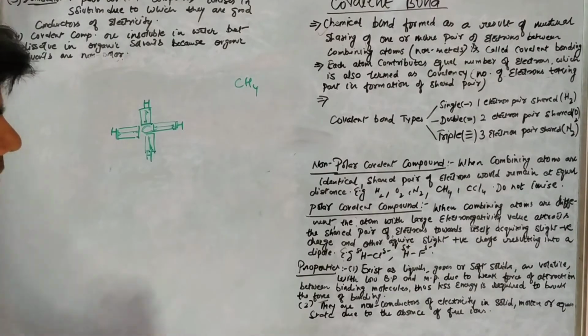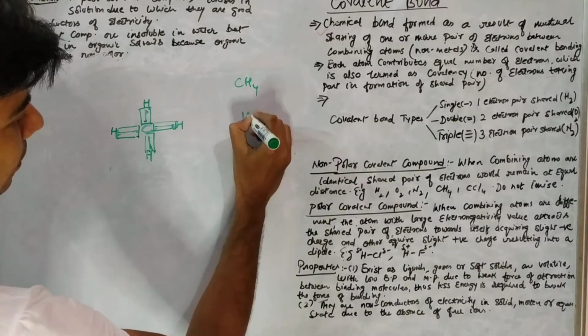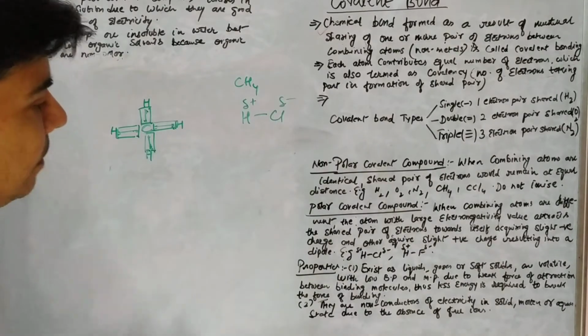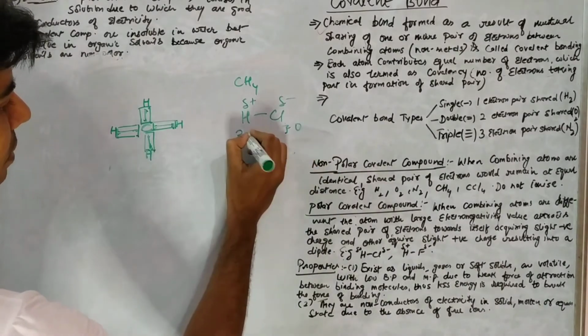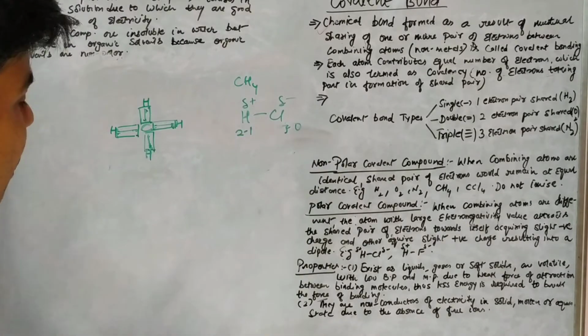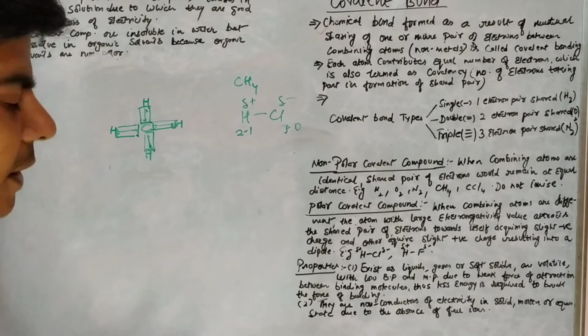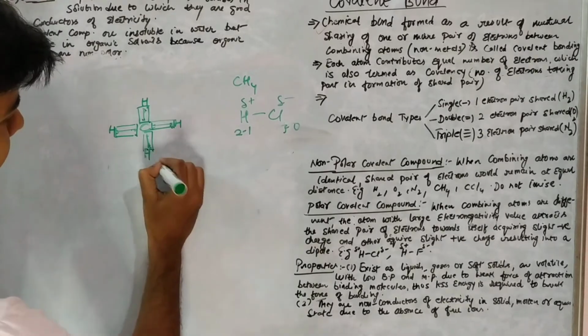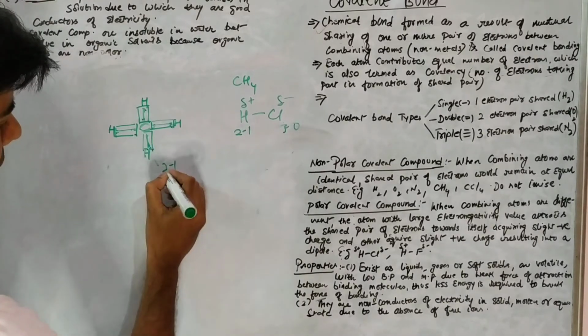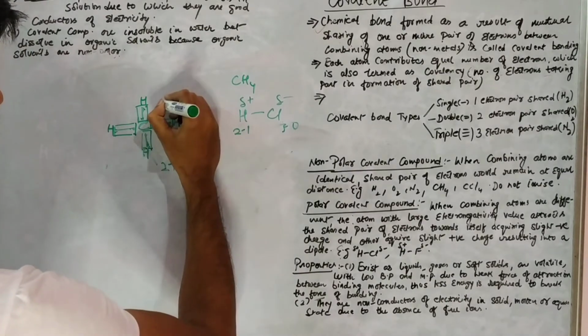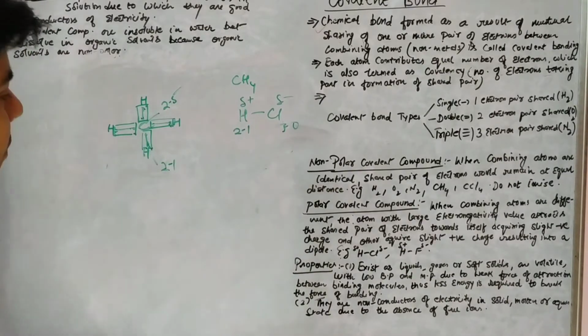But as we have seen, HCl has acquired polarities because of the electronegativity difference. Now in the case of carbon and hydrogen, what is the electronegativity difference? Hydrogen has electronegativity 2.1 and carbon has electronegativity 2.5.